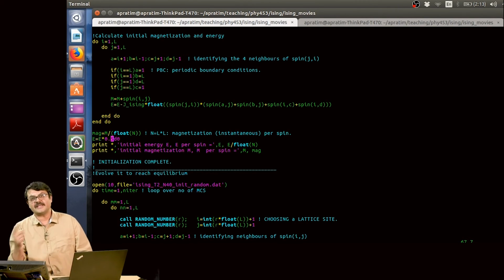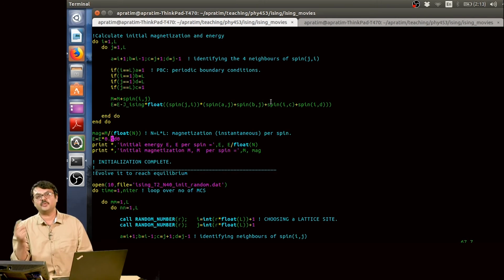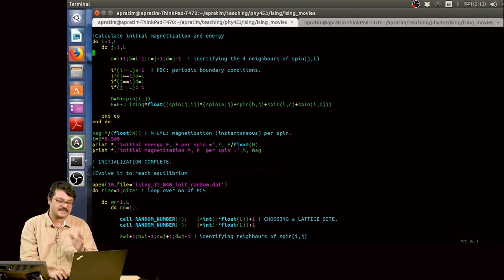And then when I go to the next lattice site, I again calculate the energy of interaction between 2 and 1. Because if 2 is the right neighbor of spin 1, say, then spin 1 is the left neighbor of spin 2. So, every energy has been double counted in this calculation. If you just think about it, you will figure it out, and to correct for this double counting, I have multiplied it by 0.5.